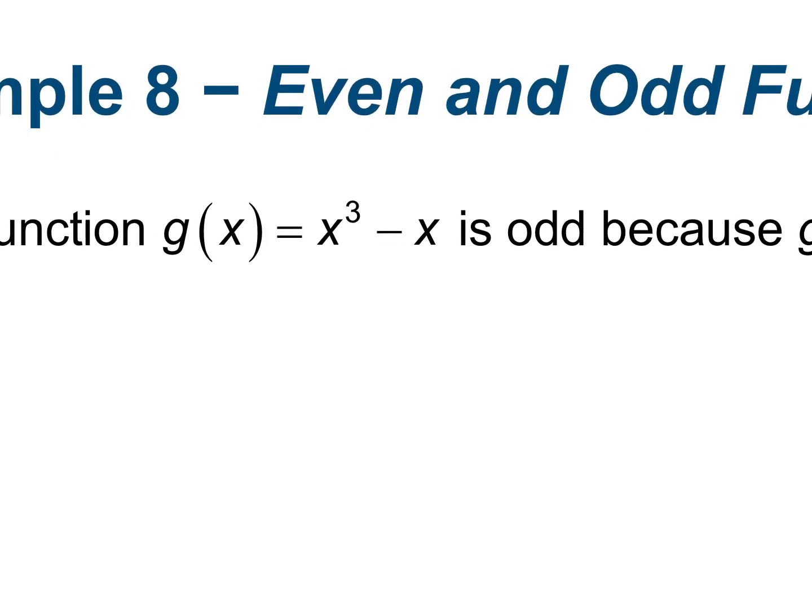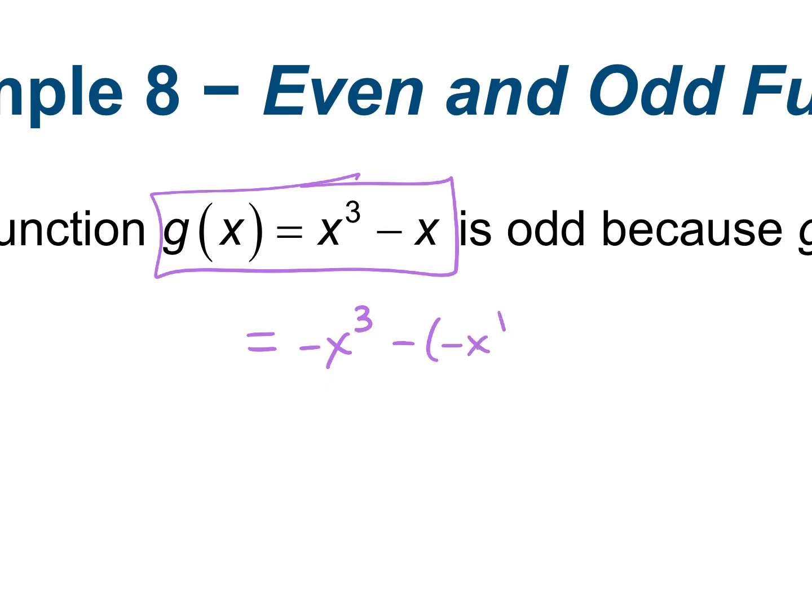You guys don't have to write this down if you don't want to. The way that you would algebraically do this is here's my original function, yes? I'm going to plug in negative x. So if I plug in a negative x here, I have negative x cubed minus a negative x. So negative x cubed, what's minus a negative?